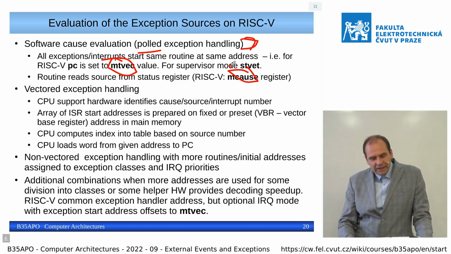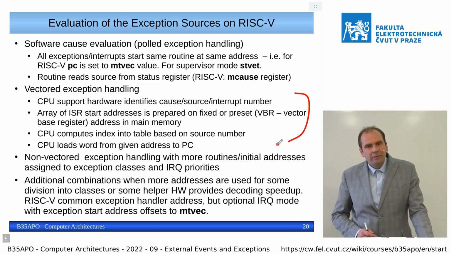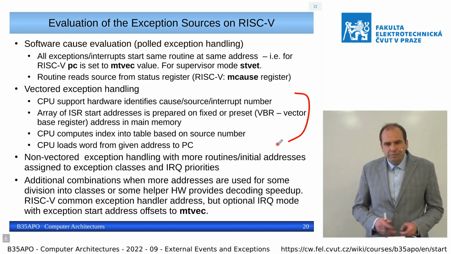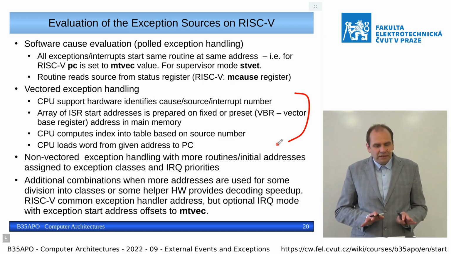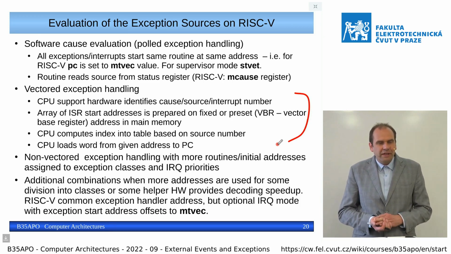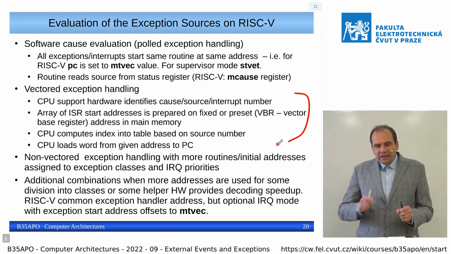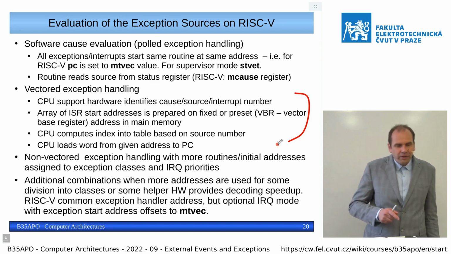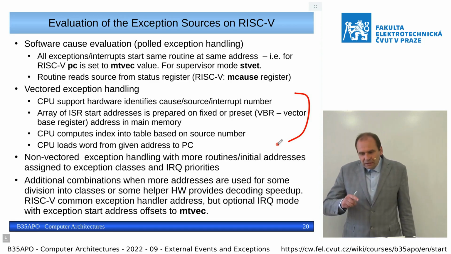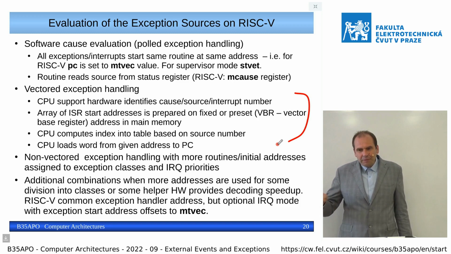On the other hand, if you have some small MCU microcontroller which should process different exception or interrupt sources very quickly, then it can be better to directly start the execution of an already specific interrupt service routine for a given source.